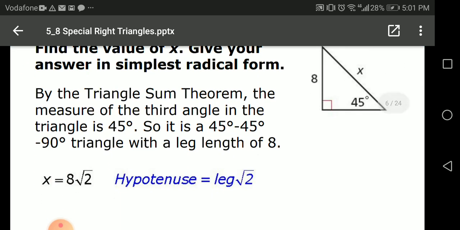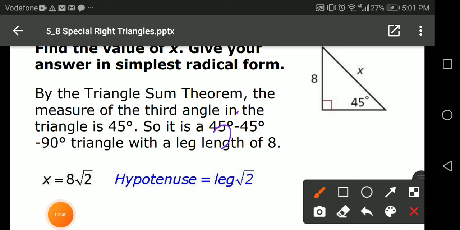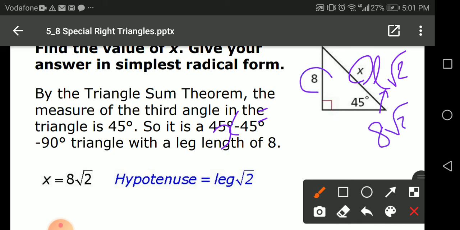This is L, so this is 8. Remember, the hypotenuse is L square root 2. So instead of L, I will write 8 square root 2. So x is 8 square root 2.